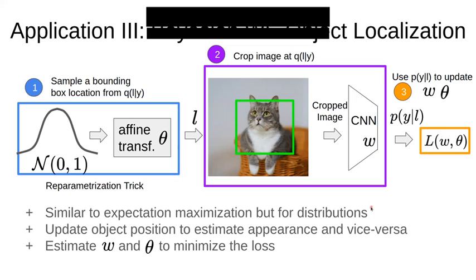And with this approach, we update the object position, and we estimate the appearance of the object and vice versa. And in this way, we can learn both things. And this corresponds to learn W, the appearance of the object, and theta, which are the parameters of the location of our Q that represent the location of the object.